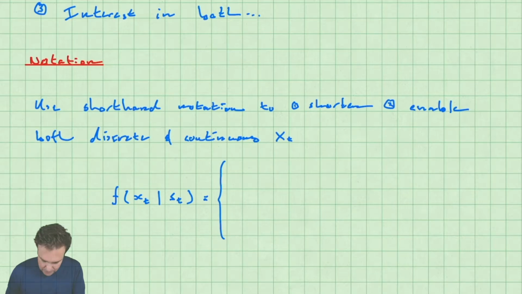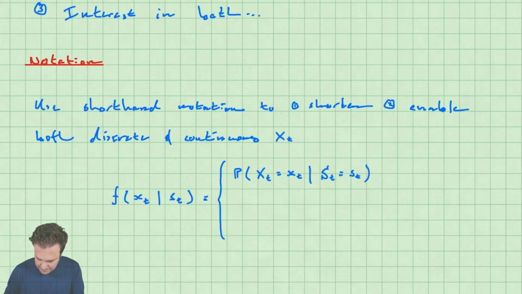But what we're doing is making it so that if it's a discrete x, then this thing is the probability that capital X sub t is equal to little x sub t, given that capital S sub t is equal to little s sub t. That's exactly what this is if x is discrete. So it's a PMF, a probability mass function.